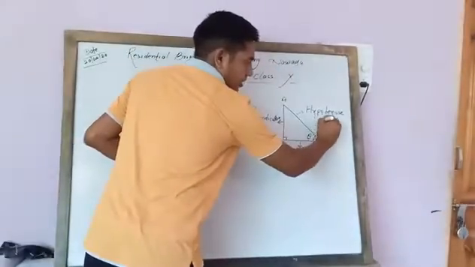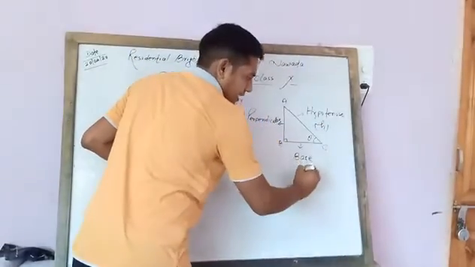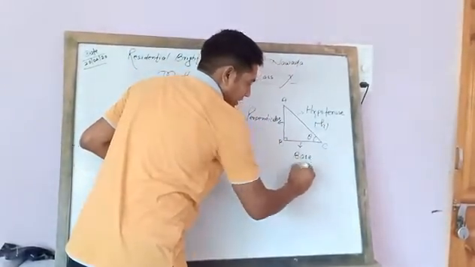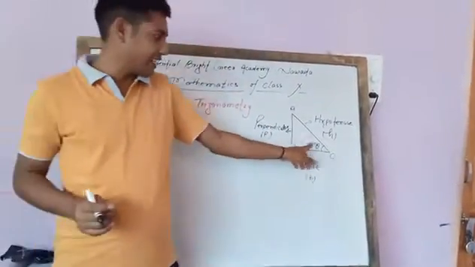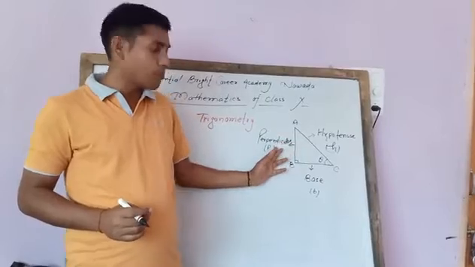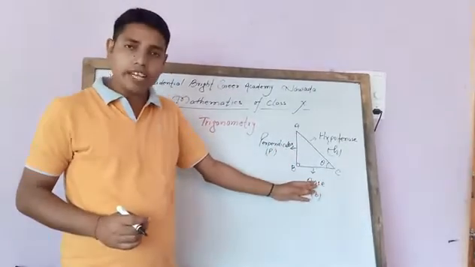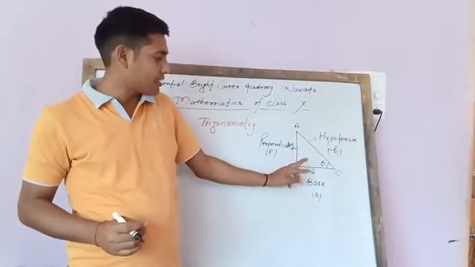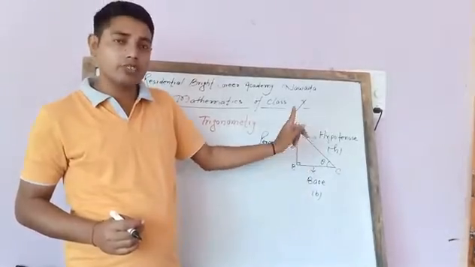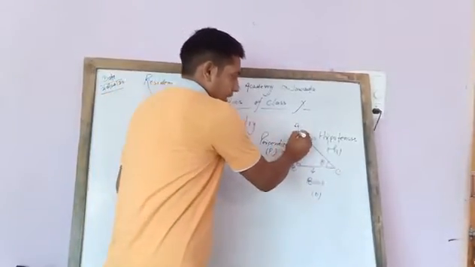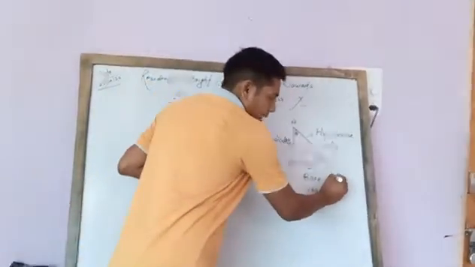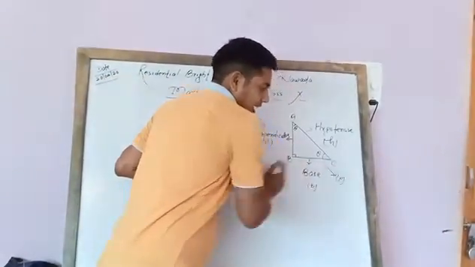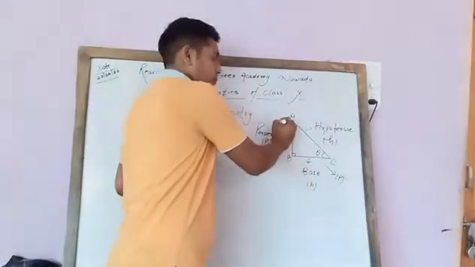It is also denoted by H, B and P. What will be the perpendicular and what will be the base depends on angle theta. It always changes according to theta. If theta is angle A, then it will become perpendicular and it will become base.